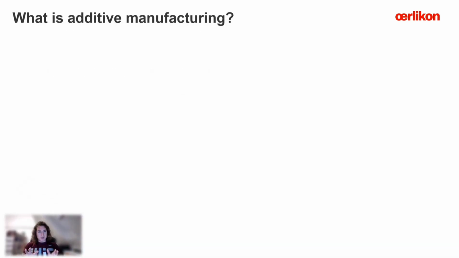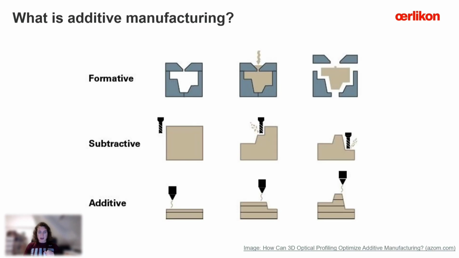First of all, it's always important to understand where the technology belongs. And directed energy deposition is clearly an additive manufacturing technology. What is additive manufacturing? I believe it's important, first of all, to understand how additive manufacturing differentiates from, let's say, commercially and conventionally available technologies.